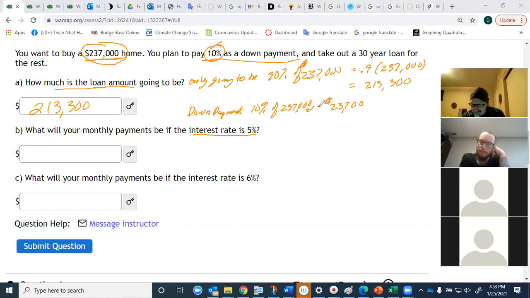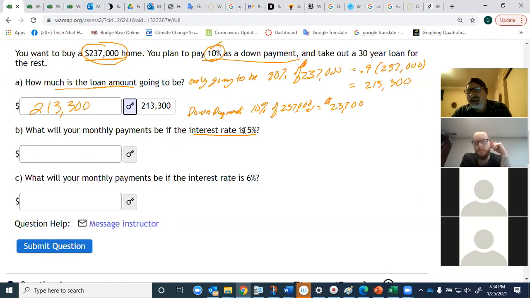So that means you're going to have to save that money somehow. You might make investments in order to save $23,700, or however much you can save, to go towards the house. So that gives us our loan amount.